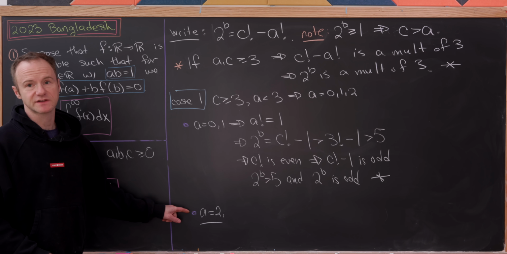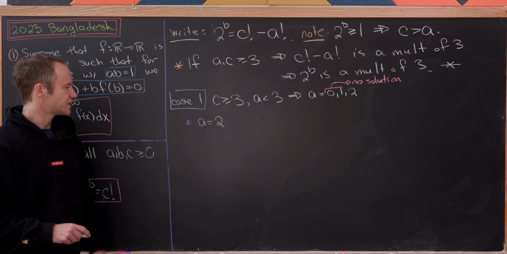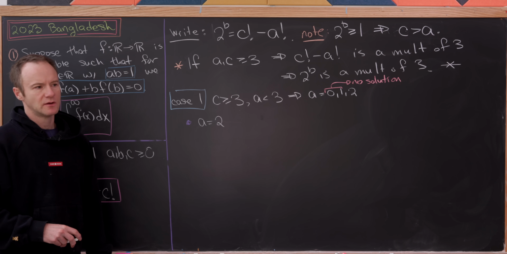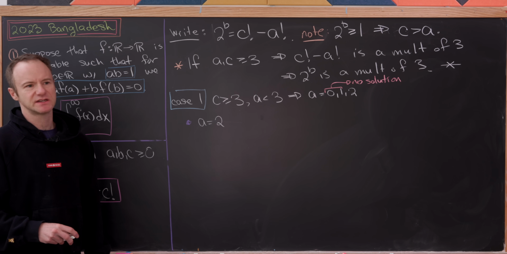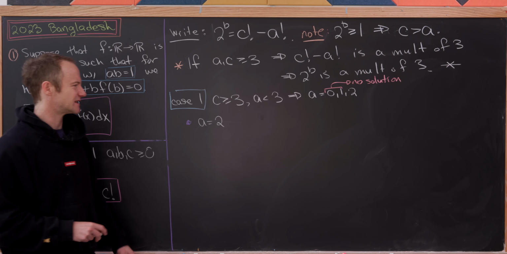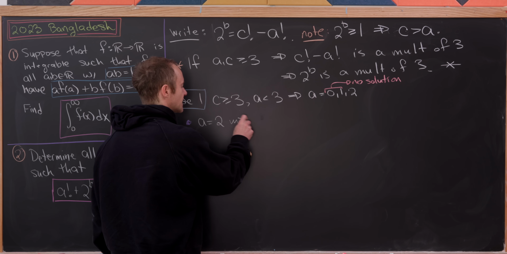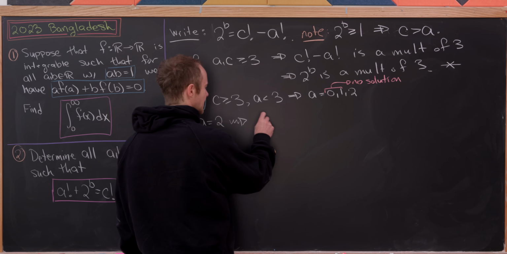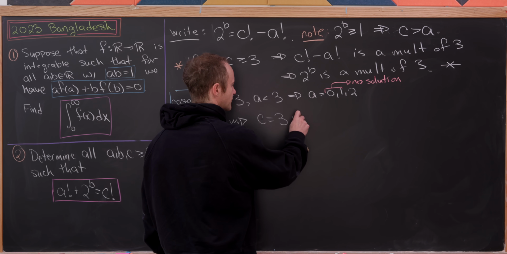But let's give ourselves a little more room for this. Okay, so now we're looking at this case when a is equal to 2. But we're actually going to split this into a couple of subcases as well because there's an obvious solution that jumps out. And that is the case when c is equal to 3.